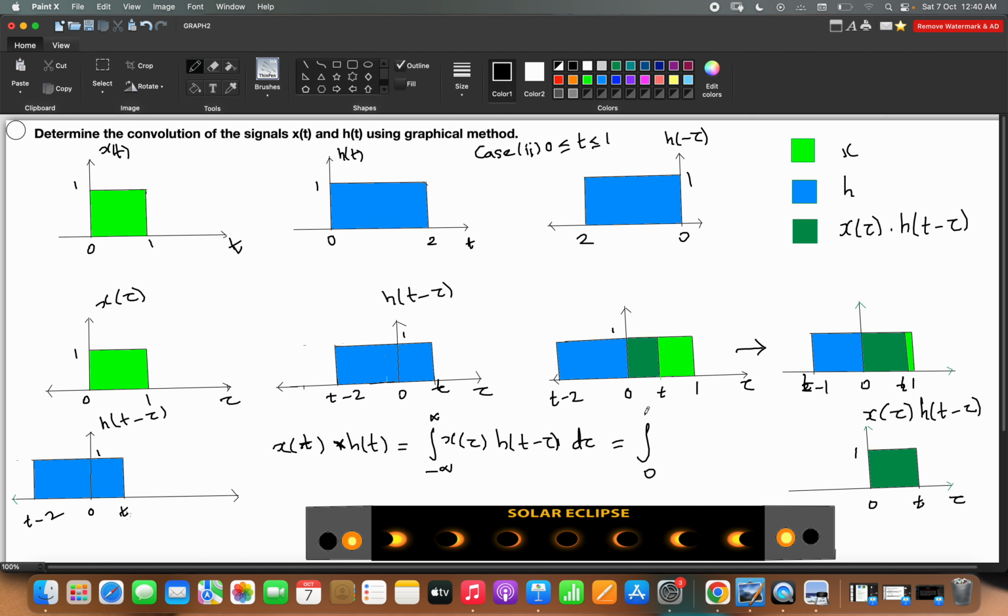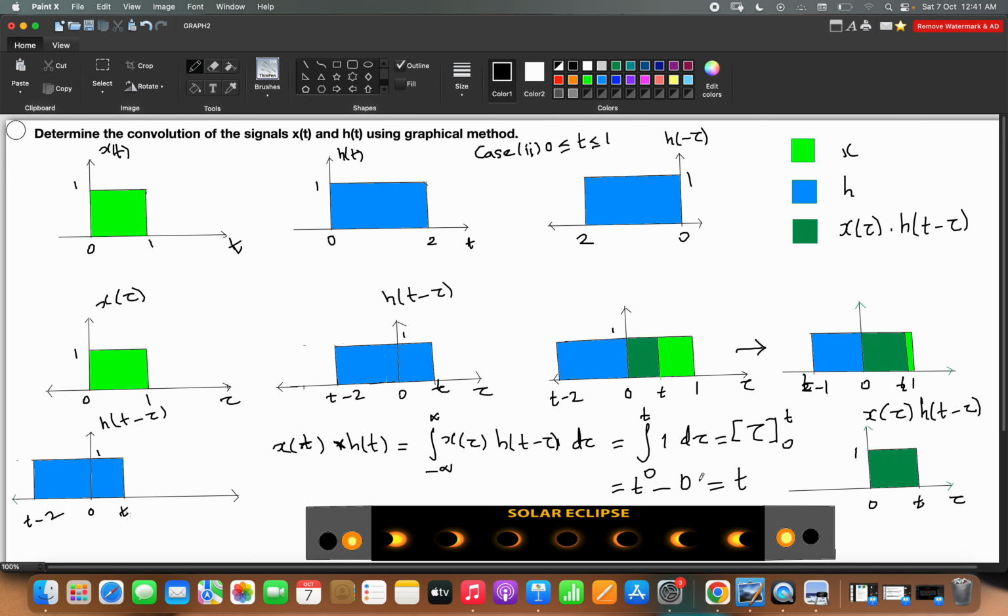So instead of x of tau h of t minus tau, I replaced it with 1 and d tau, and if you do the integration, this will be tau. The upper and lower limits are t and 0, and if you solve for the upper and lower limits, then you will get t minus 0, and the final value is t. This is for case 2, which is t greater than or equal to 0 and less than or equal to 1.